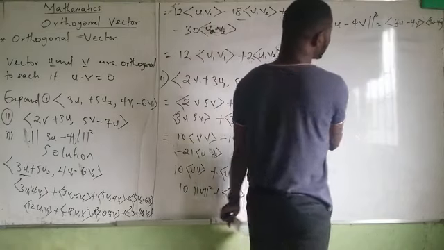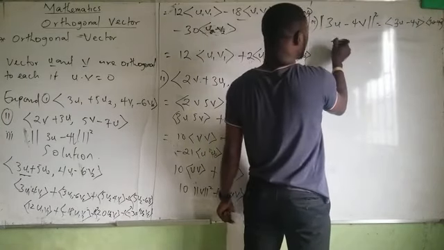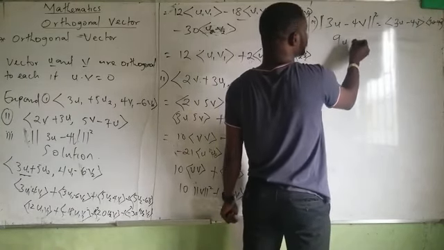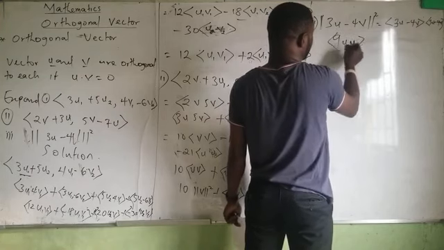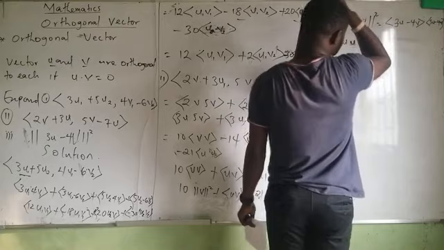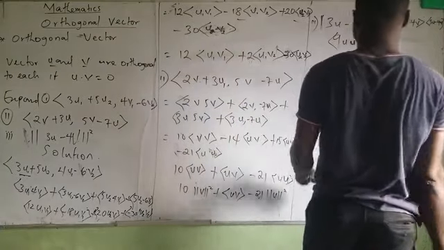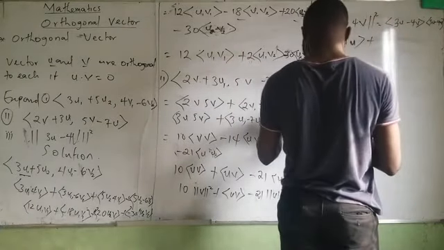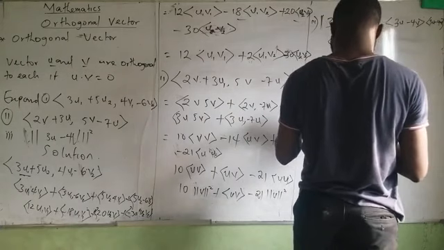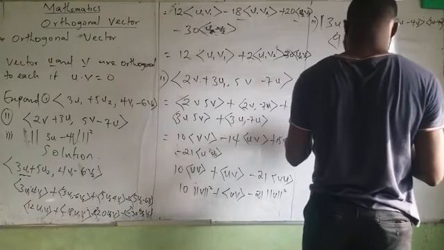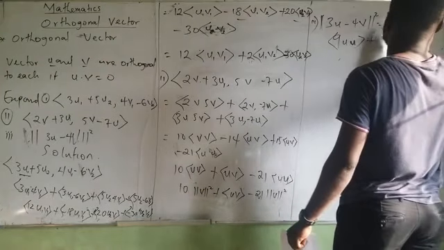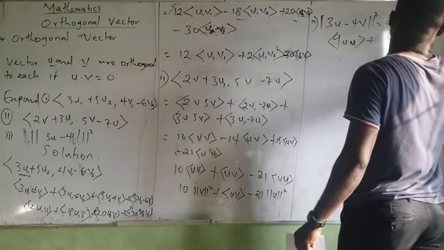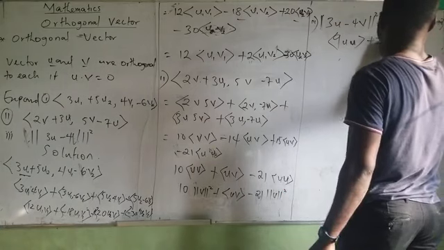Now, it means if I should open this, I'll be having 9 uu, and this and this times this, that'll be 12. I think I'll be having 24.